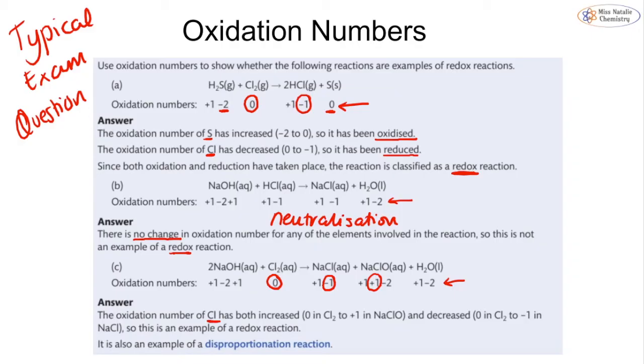So the oxidation number for chlorine has both increased and decreased. So yes, this is an example of a redox reaction, and we can classify it even further by saying it's a disproportionation reaction, because of course the same element in a species has been both oxidized and reduced.